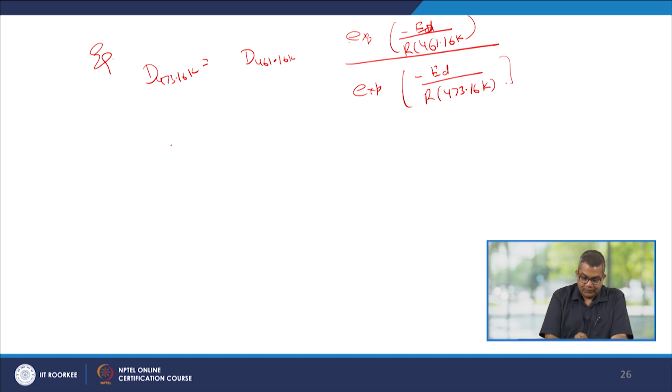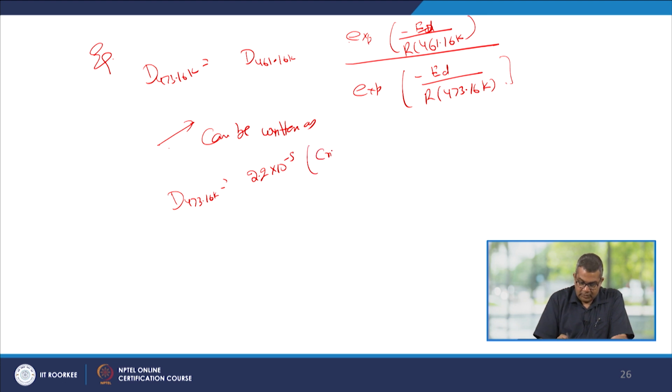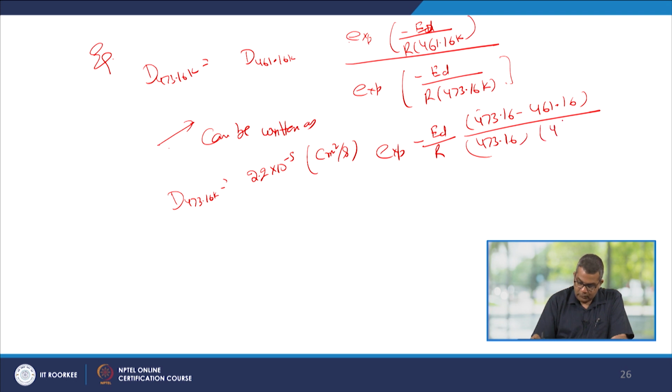So this equation can be written as D at 473.16 Kelvin is equal to 2.2 into 10 to the power minus 5 centimeter square per second, exponential of minus ED over R into 473.16 minus 461.16 over 473.16 into 461.16.